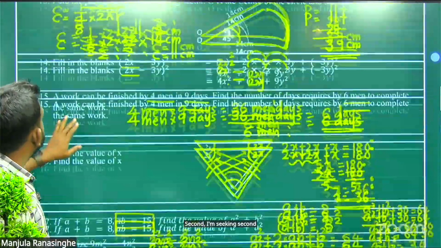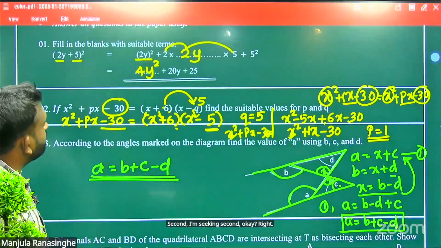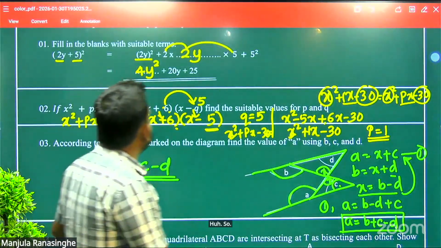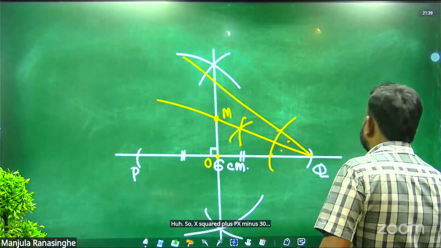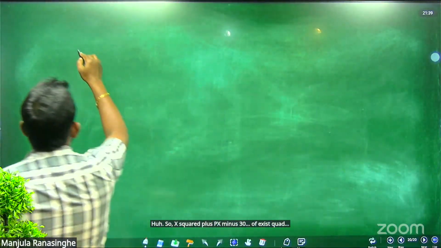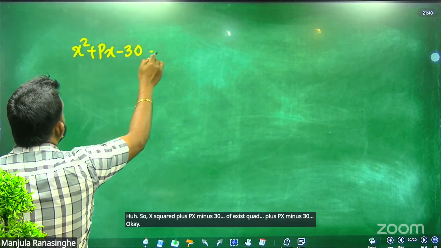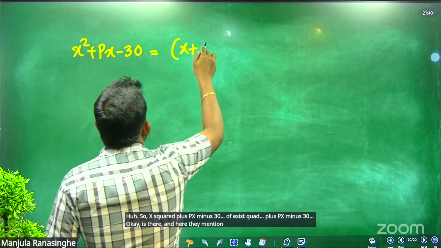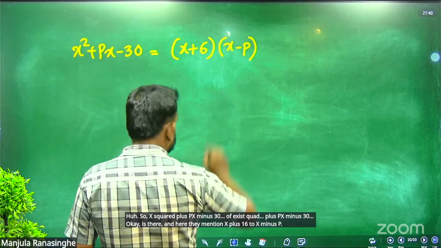Okay, right. So x squared plus px minus 30 is there. And here they mention x plus 6 into x minus p, x minus q.